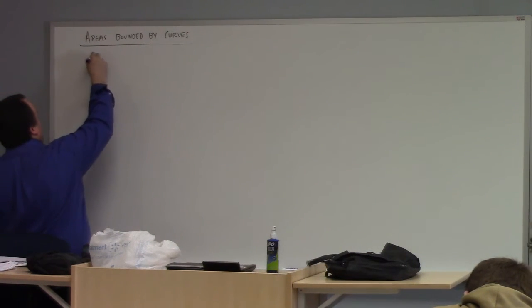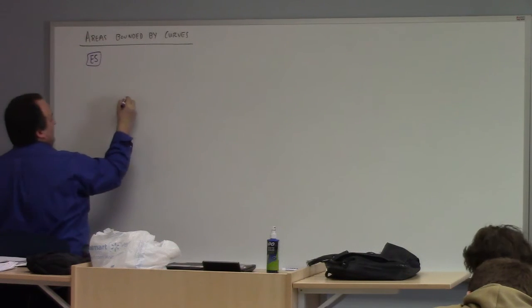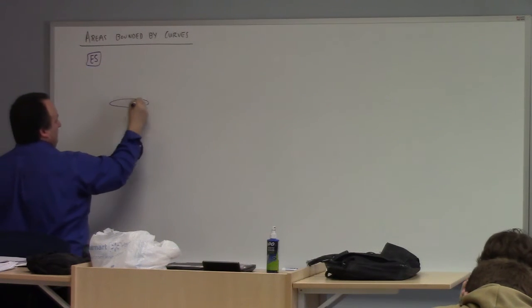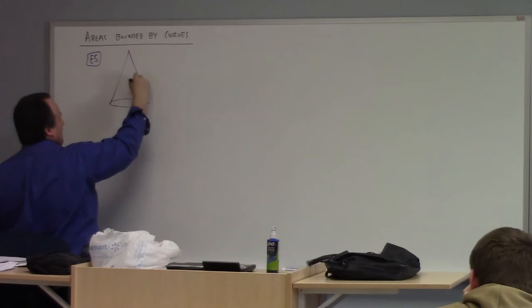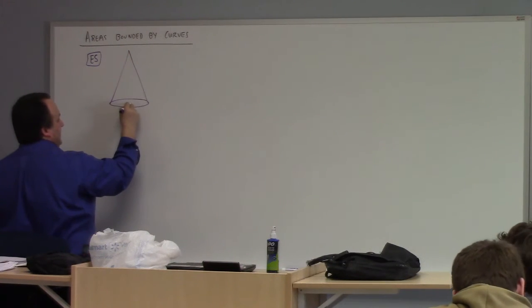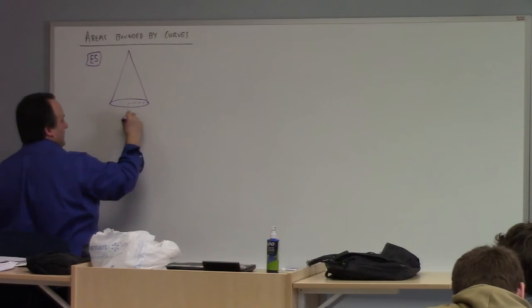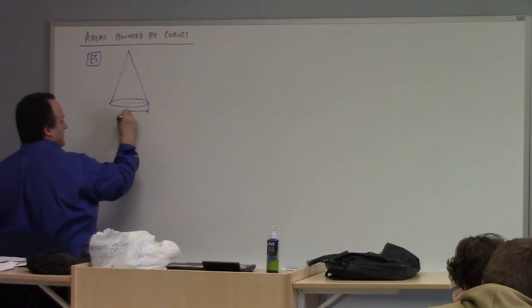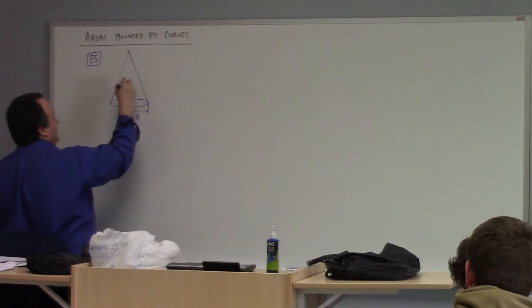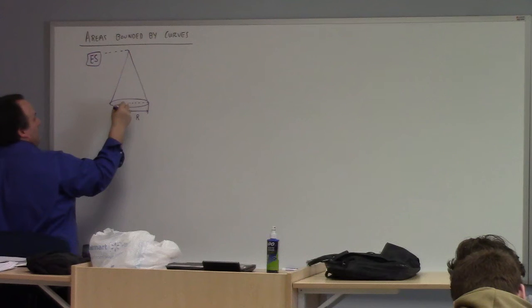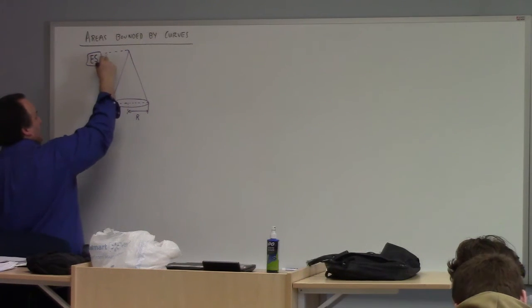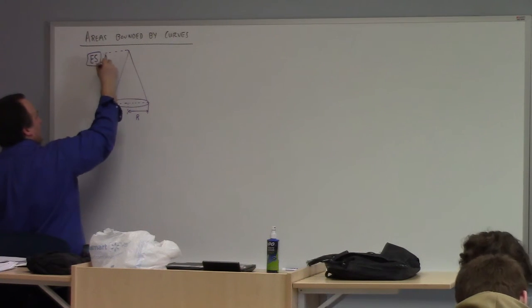So a right circular cone, it's got a circular base, right? And then whee, like this. And so the two things of interest are the radius r and also the height. So this I'll call height h.